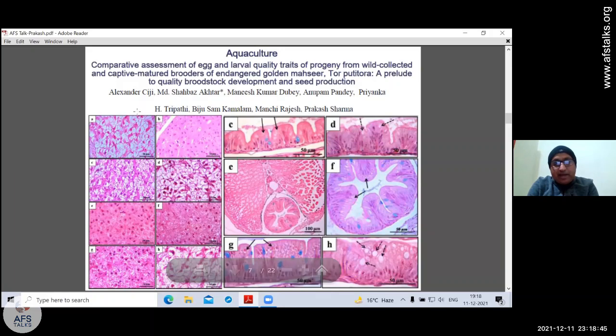So in the top panel where I'm moving my cursor, this is the indication of the protein absorption in terms of supranuclear vesicles. This is from the captive one.